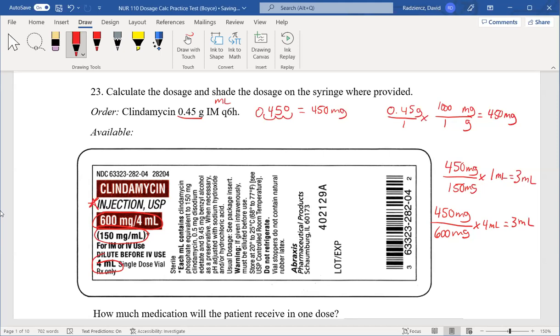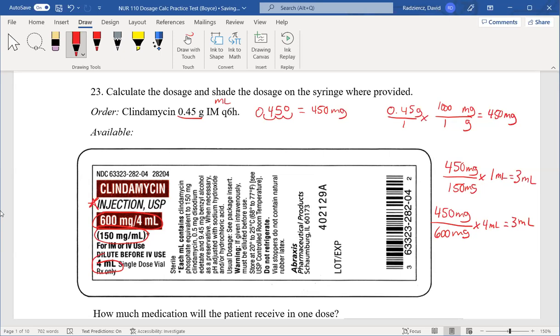So the short answer is yes. And I wanted to show you that the only way you would mess this up, I mean, obviously there's lots of ways to mess up these problems, but if you decided to do 150 milligrams, 4 milliliters, then you're using the wrong concentration. So whichever one you choose, just make sure you're using the same numbers.